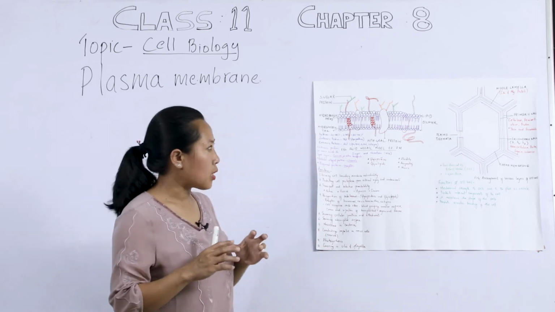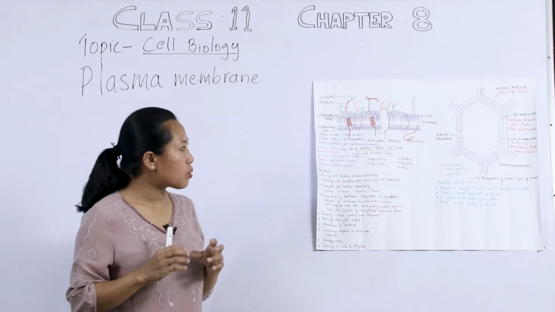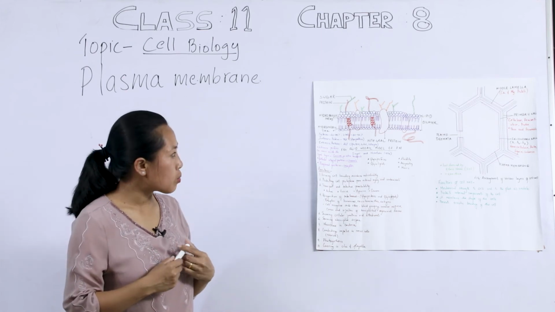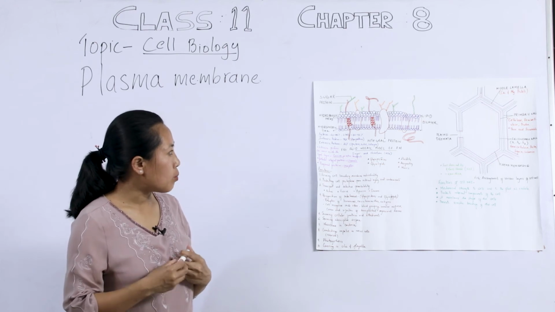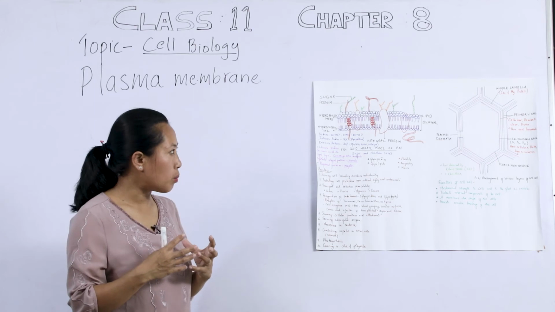In fact, the middle lamella is the cementing substance present between the adjoining cells, made out of calcium and magnesium pectate. It is responsible for holding the adjoining cells together.